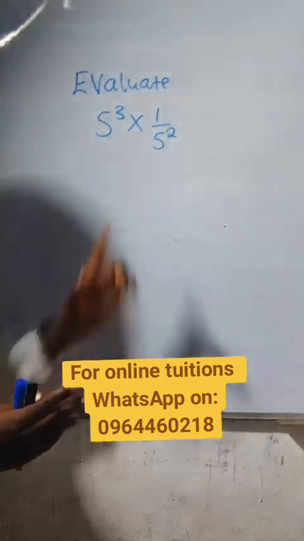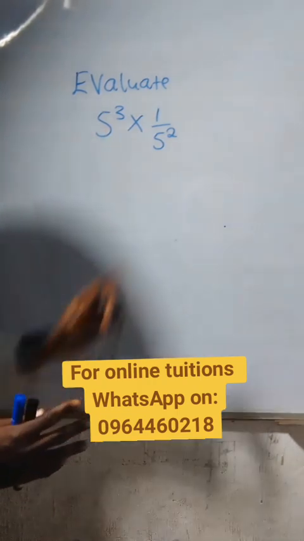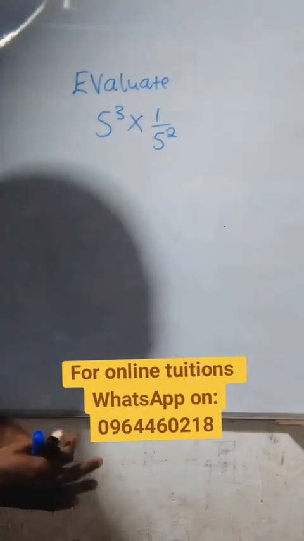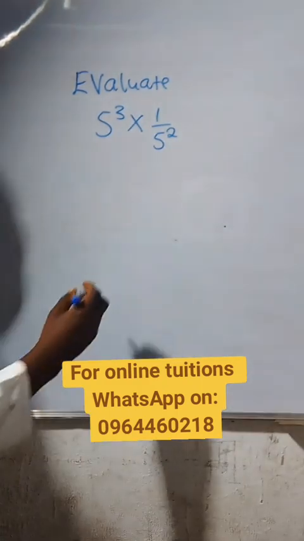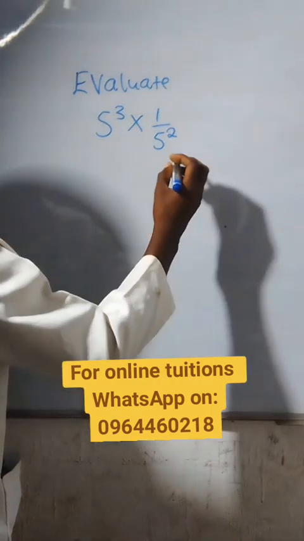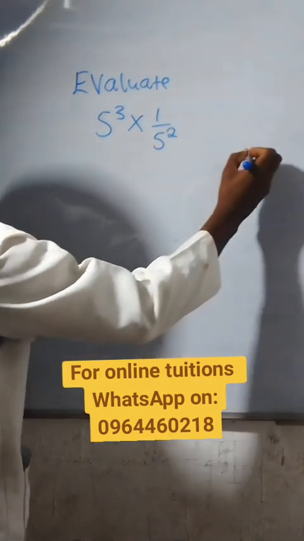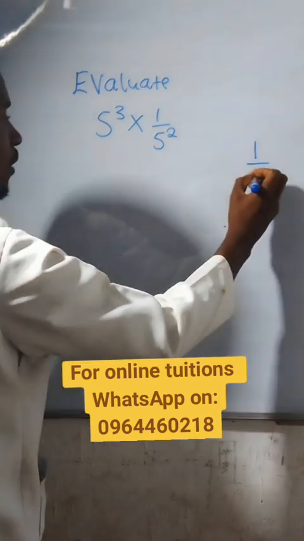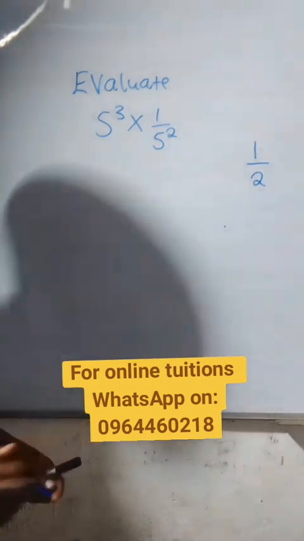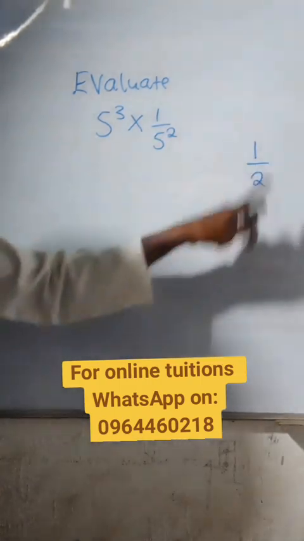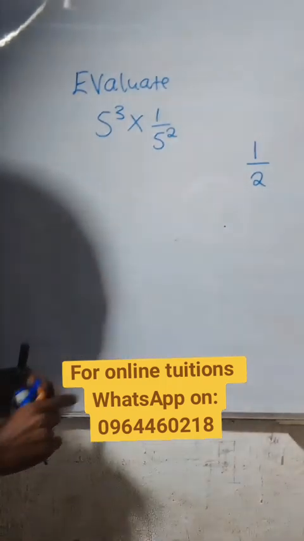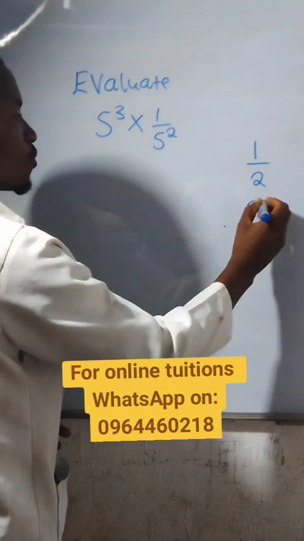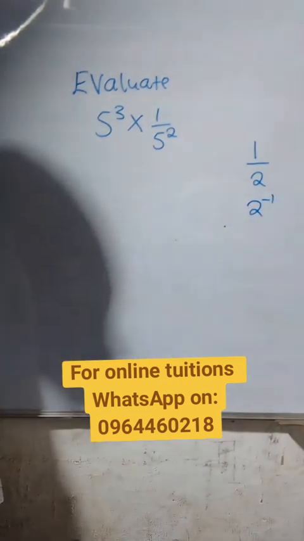Now, what you see says 5 to the power 3 times 1 over 5 to the power 2. The laws of indices say that if you have something like 1 over 2, a fraction with numerator 1, this is the same as saying 2 to the power negative 1.